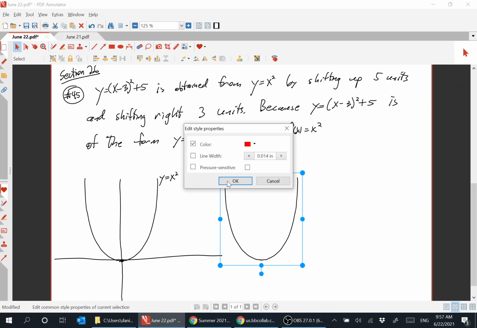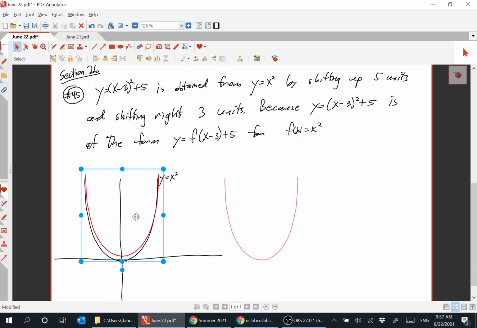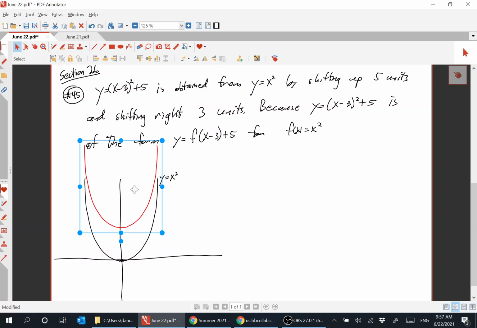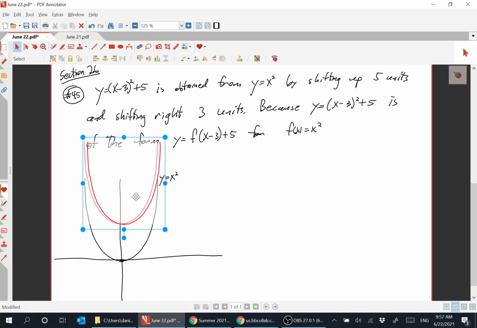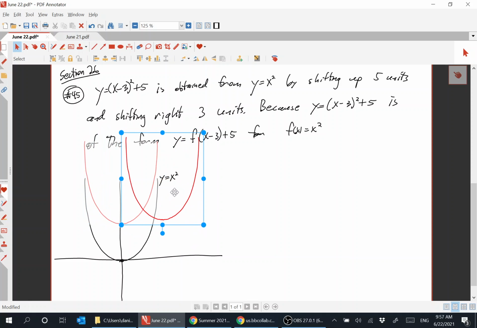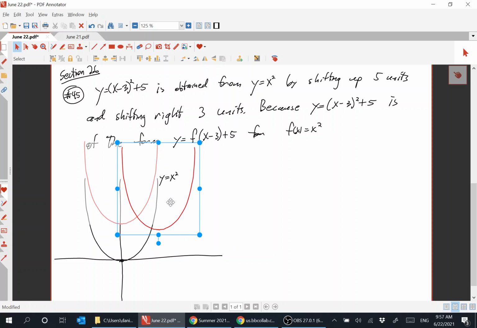Make it a different color as well. So we're going to go up 5. Now, again, you don't have to be so precise about the scale on your x and y axis. So here's up 5. We'll just say right here, and then over 3, right about there. Maybe right here. And you just label it as such.